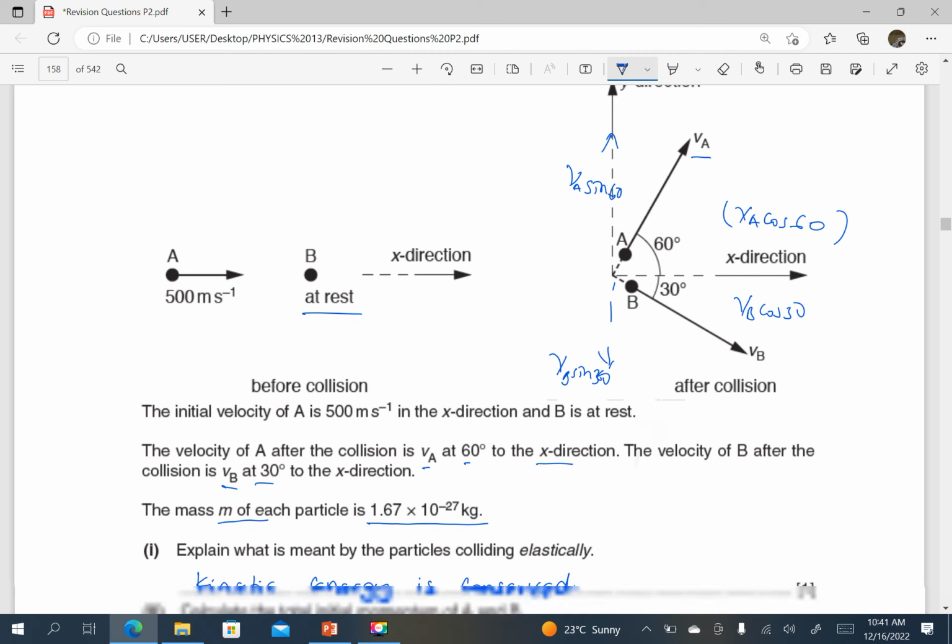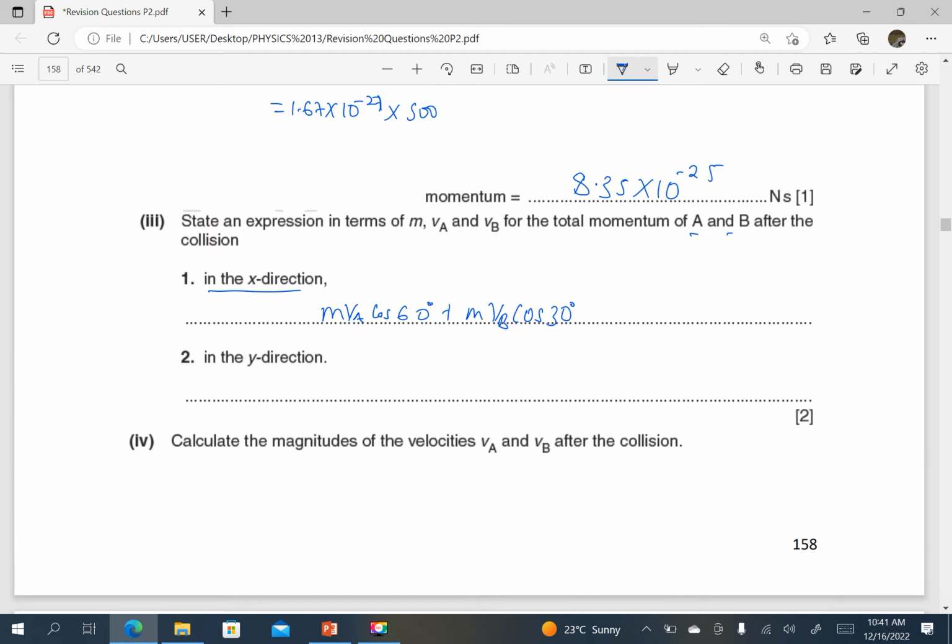So the momentum in the vertical will be m VA sine 60, that is upwards, minus m VB sine 30, which is downwards. So that is the expression for momentum.